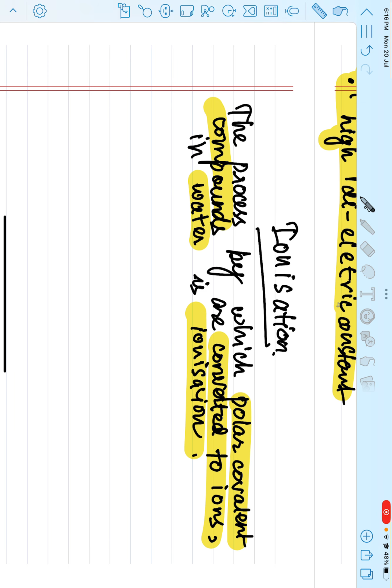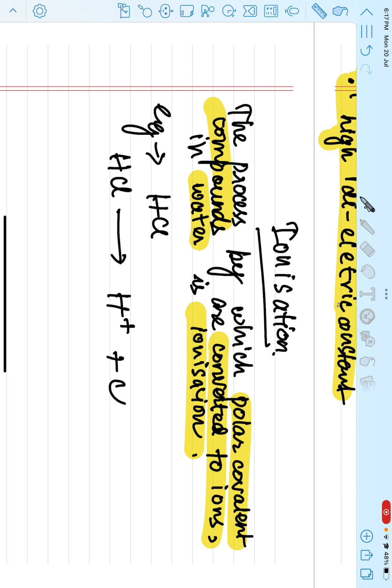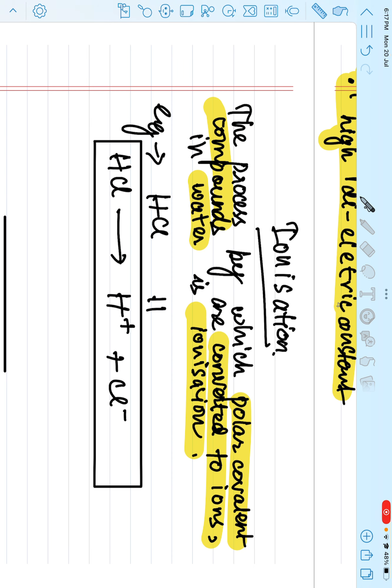Now see, one very good example is HCl. If you keep HCl in water, it will ionize into H plus and Cl minus ions, that is your hydrogen ion and your chloride ion, because HCl has a partial positive charge on hydrogen and a partial negative charge on chlorine.